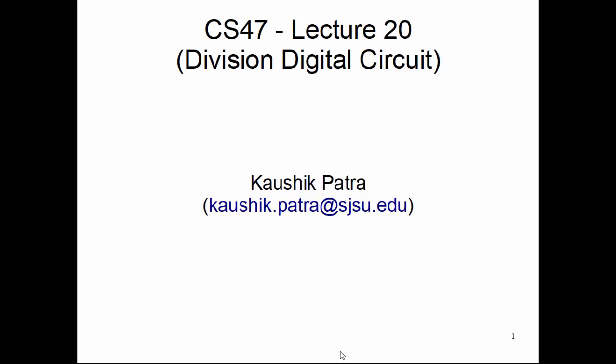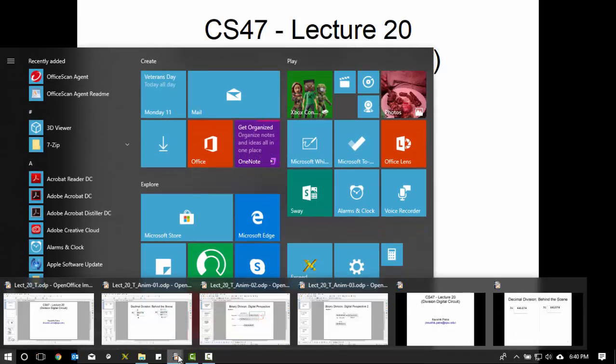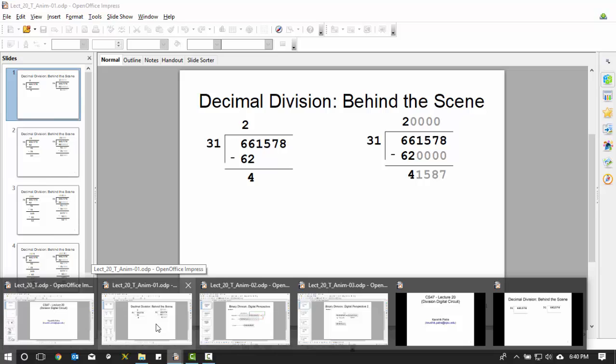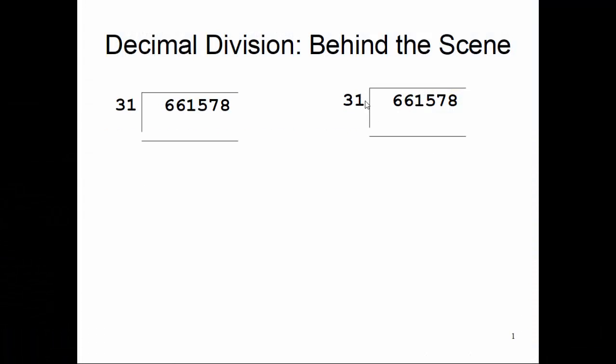Before we dive down into the digital division, let us first review how the decimal division takes place. Let's say we have a big number, almost like 661,578 divided by 31.